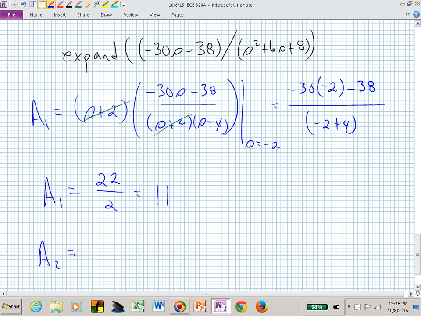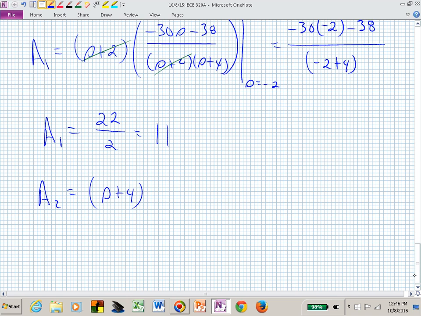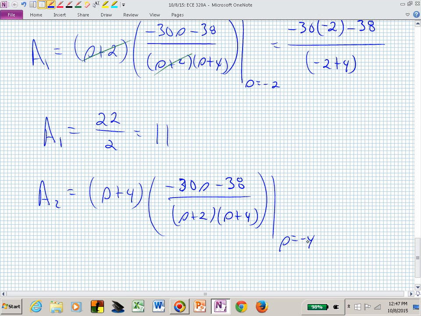A sub 2, same process, just a different factor. S plus 4 times minus 30S minus 38 all over S plus 2, S plus 4, evaluated now at S equal to minus 4. The S plus 4 factors cancel.